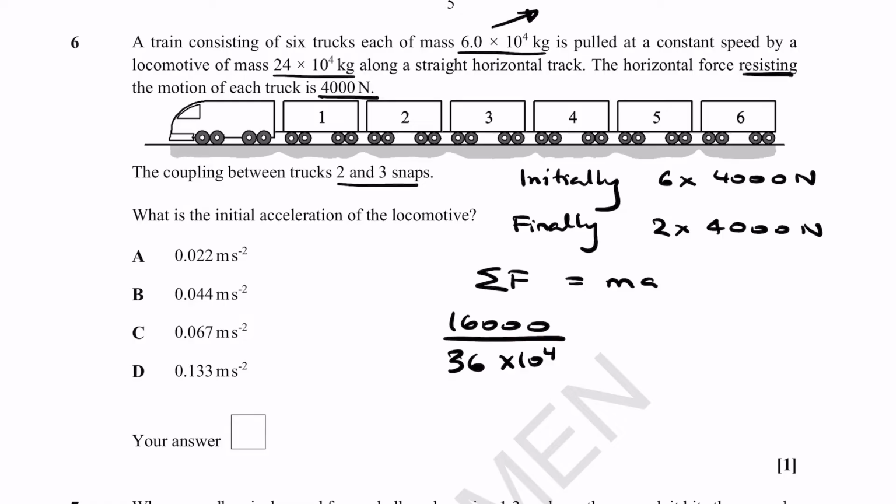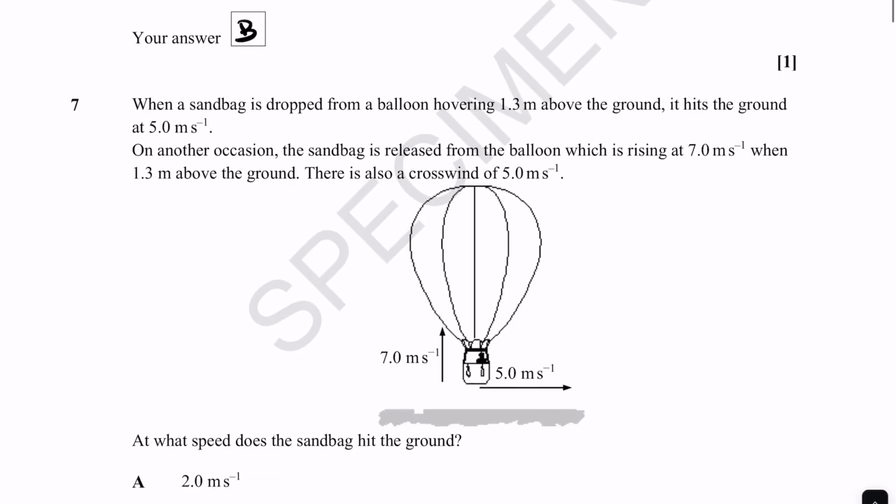And when you put that in the calculator, you end up getting B as the answer. So watch out for questions like this. They sound a little bit tricky, but if you lay it out step by step, initial versus final, that really helps with such questions.